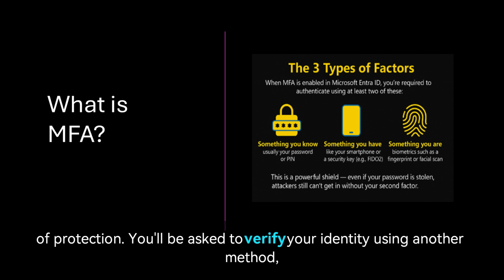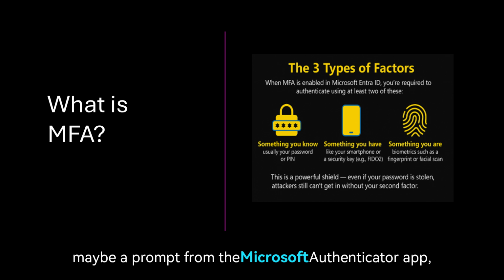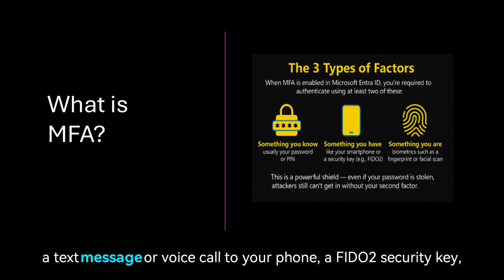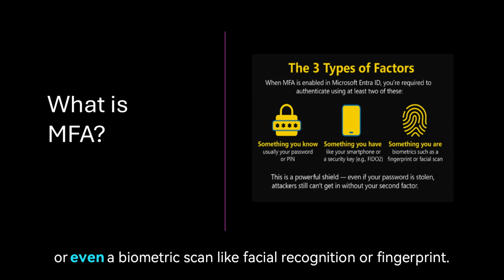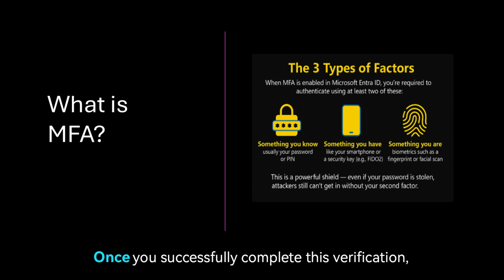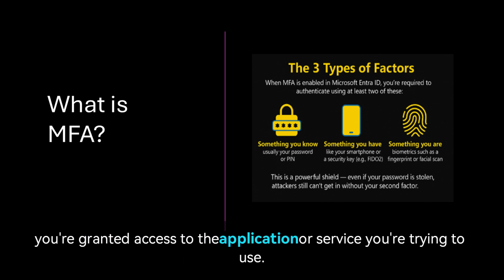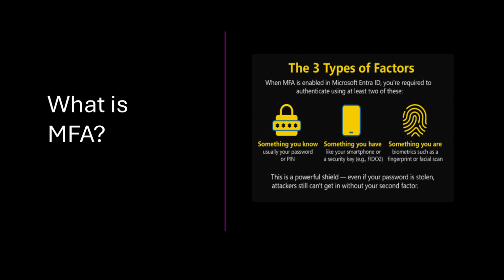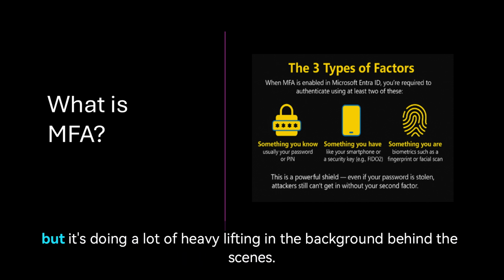You'll be asked to verify your identity using another method, maybe a prompt from the Microsoft Authenticator app, a text message or voice call to your phone, a FIDO2 security key, or even a biometric scan like facial recognition or fingerprint. This second step is critical for confirming that it's really you. Once you successfully complete this verification, you're granted access to the application or service you're trying to use.